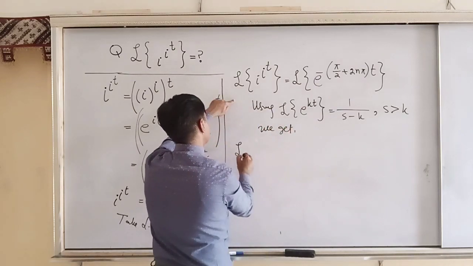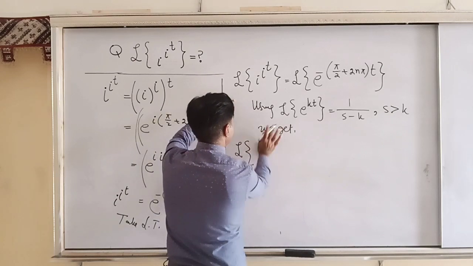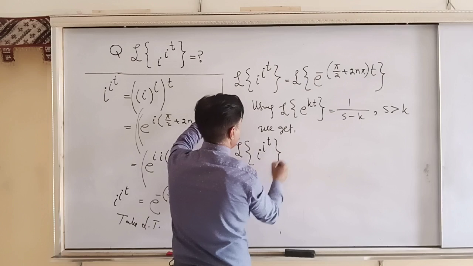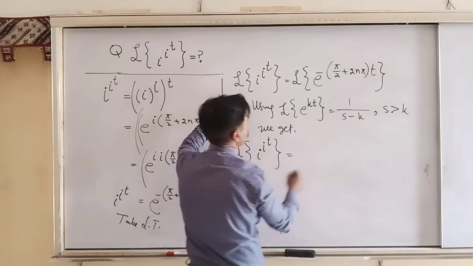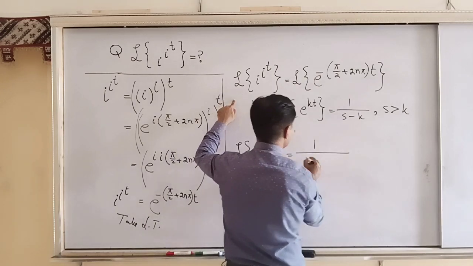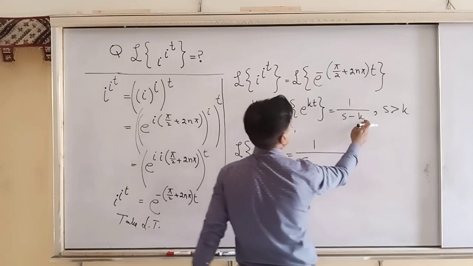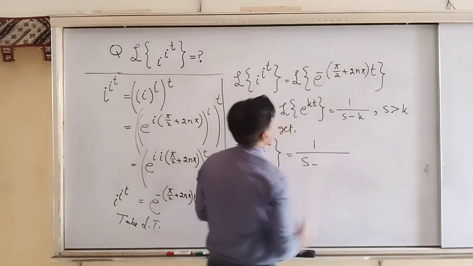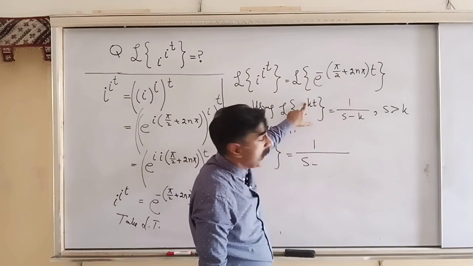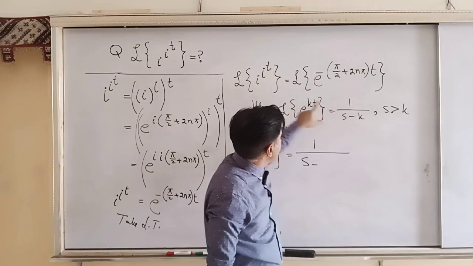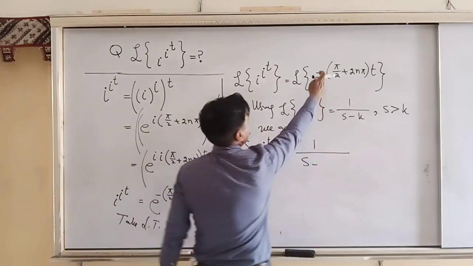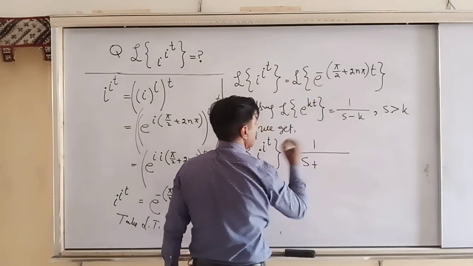Here is your answer now. The Laplace transform of iota exponent t is equal to 1 over s minus k. In place of k you have this value. If here is a minus sign, you will get a plus sign in the answer.